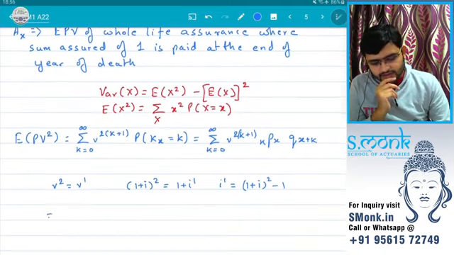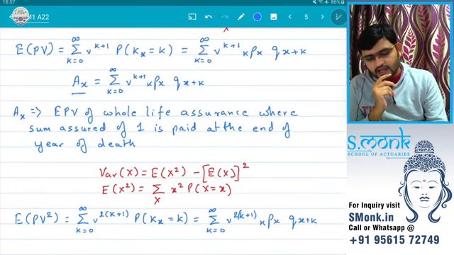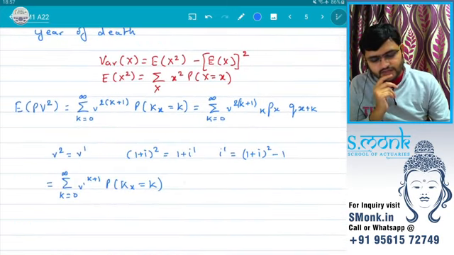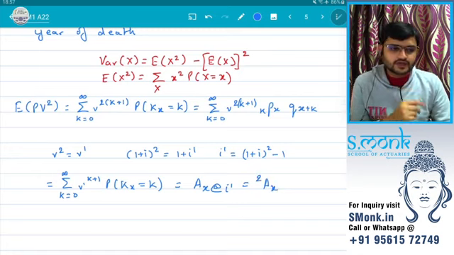If I do that, I get summation k going from 0 to infinity v dash raised to k plus 1, probability kx is equal to k, right? So that is nothing but our AX, but at a different rate of interest. We write this as AX at the rate of i dash, and we have a symbol for that too. We write it as 2AX.